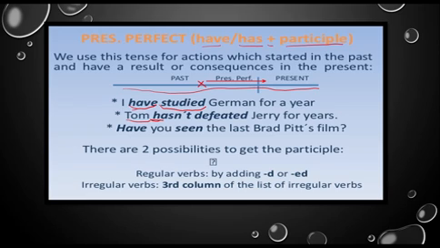En el otro caso, dice, Tom hasn't defeated Jerry for years. Aquí te lo está negando, Tom no ha derrotado a Jerry por años, o sea, no se ha vencido por años. Y no menciona la cantidad, pero son varios, ¿verdad? No es 1 al menos, pueden ser 2 o más.